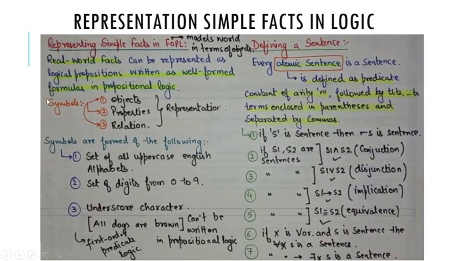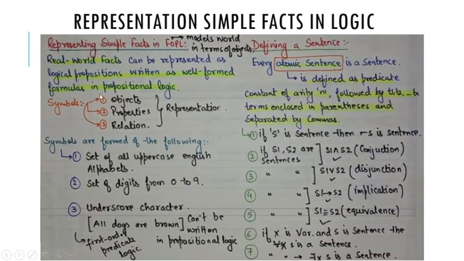For this we have also discussed that to represent such things we need to use some symbols, right? So basically here symbols are used for representing the logics or representing the objects, right? Representing the objects, then representing its properties, and representing its relations, right?